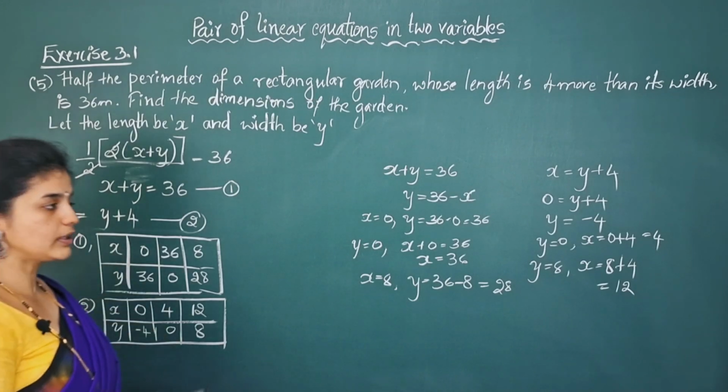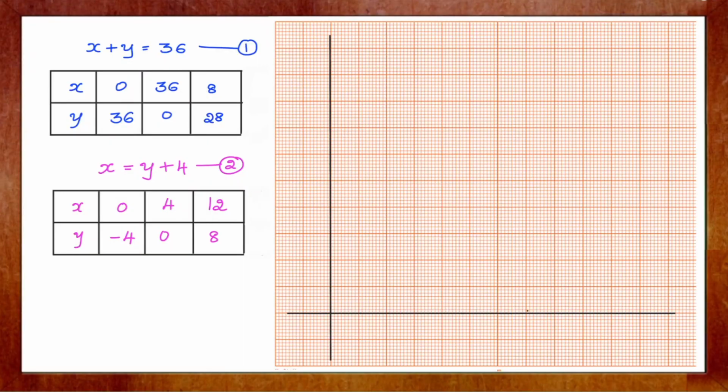Now let us plot these values in a graph. In order to plot these values in a graph, I will take the scale in multiples of 4. So this is 0. Here we have negative y, positive x and negative x, and positive y. So this is 4, 8, 12, 16, 20, 24, 28, 32, 36 and 40.